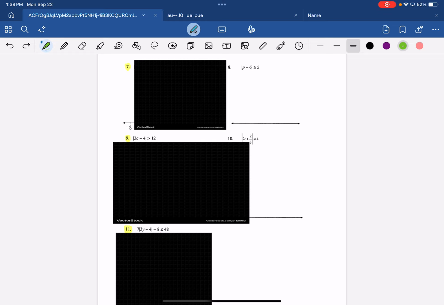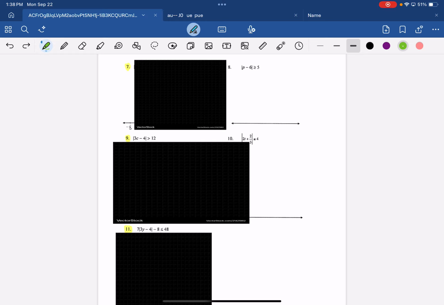Why is this one so long? Wait, do I solve this first? How do I get the absolute value by itself first? Wait, and then what do I do with this?